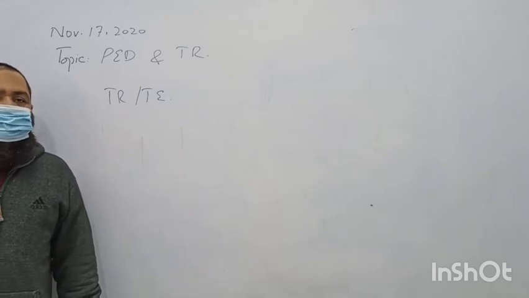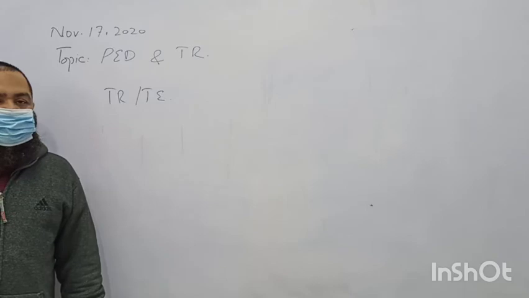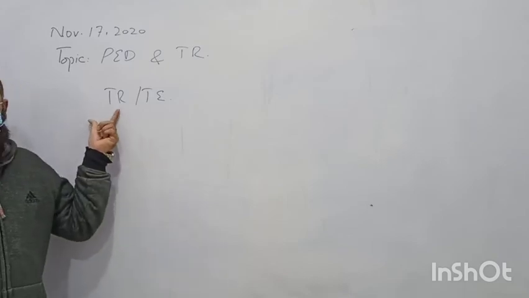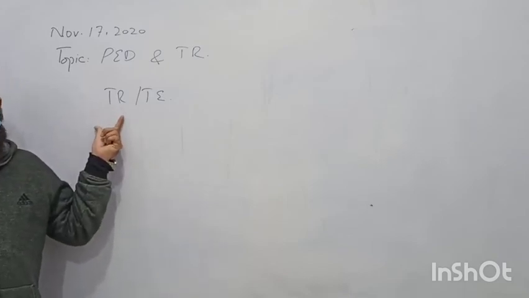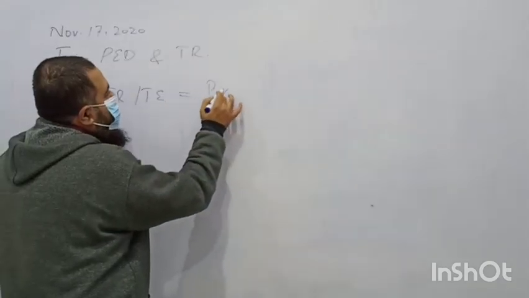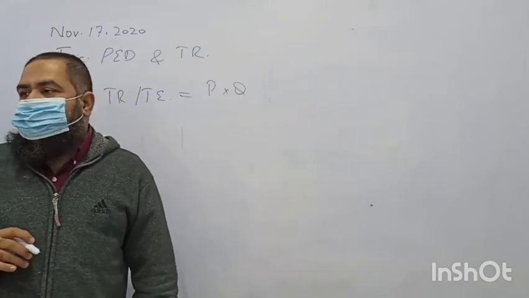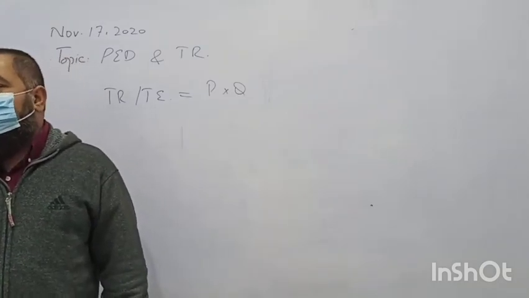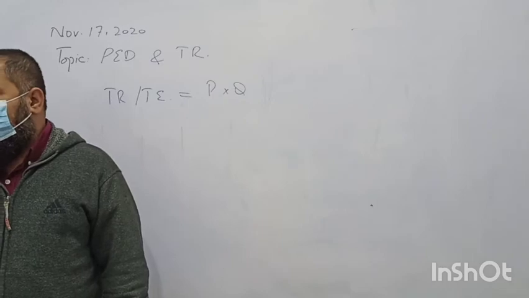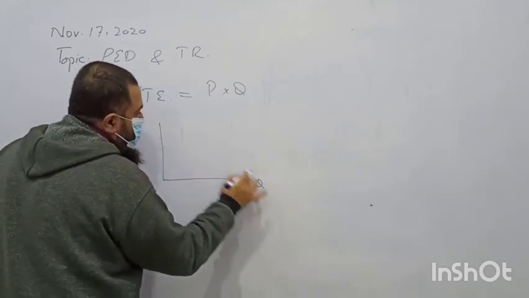If I buy 2, my total expenditure will be 100. But at the same time, that will be the revenue of the seller. So we can write price into quantity, that is called total revenue or total expenditure of the consumers.